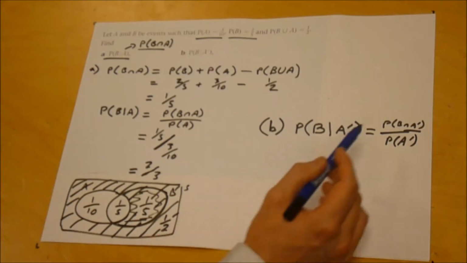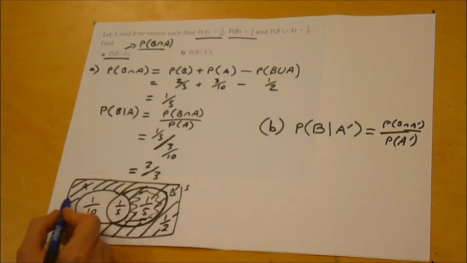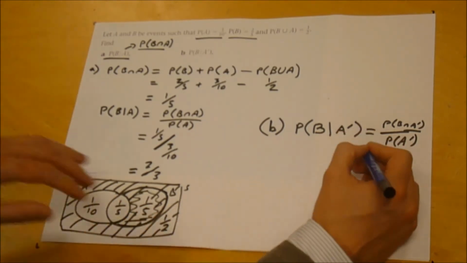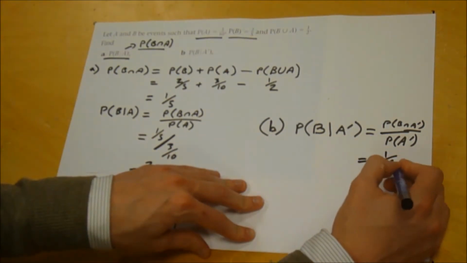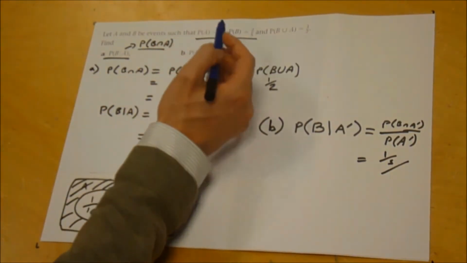Well, we want B and not A, that's a fifth from my diagram, divided by the probability of not A. Well, that's just going to be 7/10.